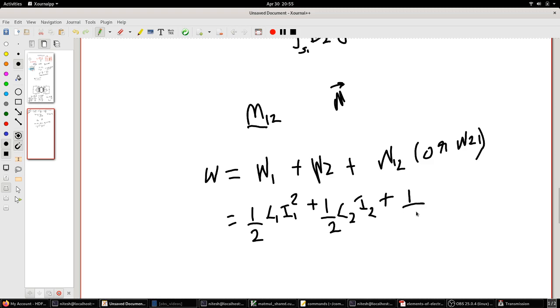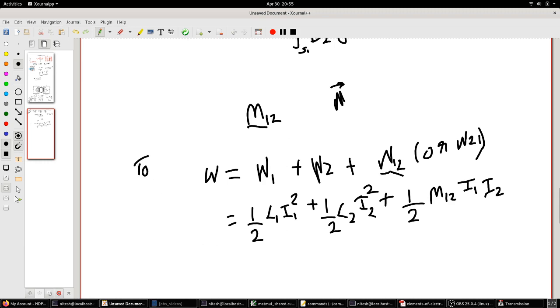That will be half M12 into I1 into I2. This will be either plus or minus depending on whether it is opposing or helping. It could be M12 I1 I2, or M21 I1 I2 also, but only one of them you have to use.